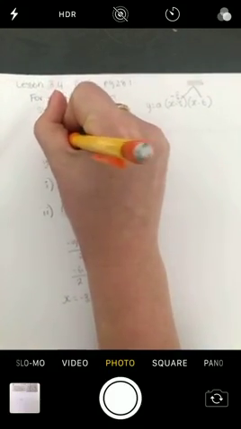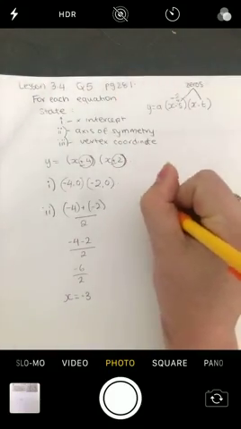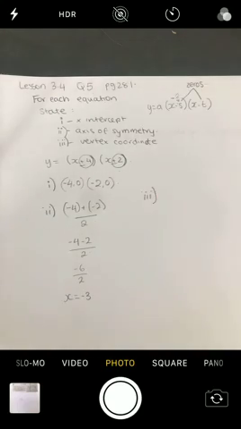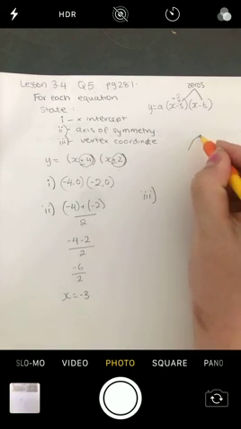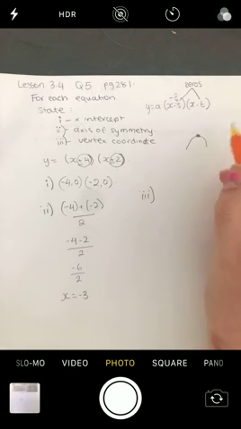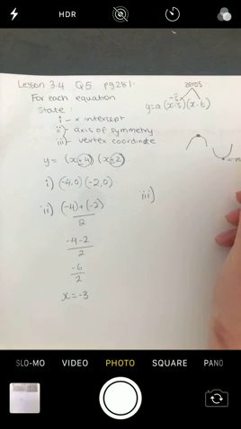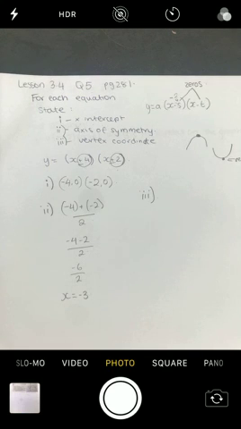Finally, we've been asked to find our vertex coordinate. So our vertex coordinate is either the greatest point or the least point.